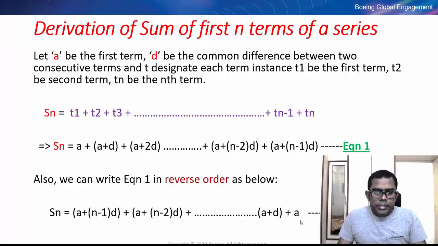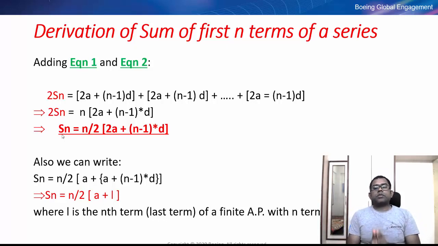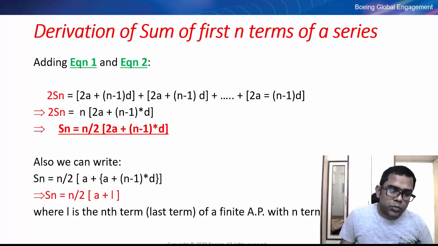So when we go to the next step, we see that the terms come like n into 2a plus n minus 1 into d, which brings us to the formula that sum of the first n terms of an arithmetic progression, which is also called a series, is n by 2 into 2a plus n minus 1 into d.